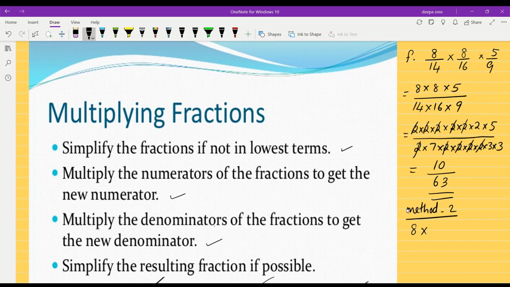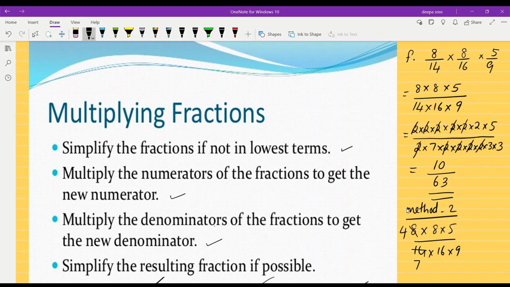In the second step, 8 into 5 divided by 14 into 16 into 9. So 8 in the 2 table it is possible: 2 4s are 8. 2 table 14 it is possible: 2 7s are 14. Like this you have to cancel. If you are taking the 2 table, both the numbers should be cancelled by using the 2 table.